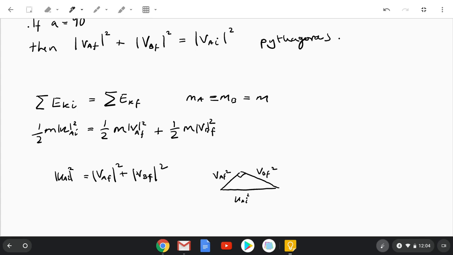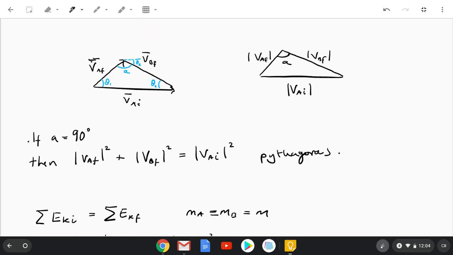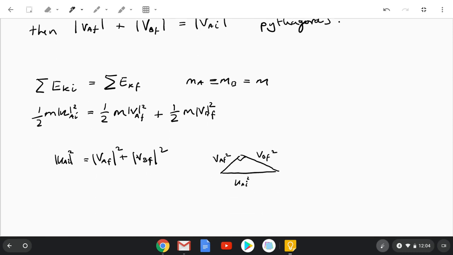So Pythagoras does apply for the magnitude of velocities before and after. And that means this angle is equal to 90 degrees. And if this angle is equal to 90 degrees, then the sum of these two angles is also equal to 90 degrees.